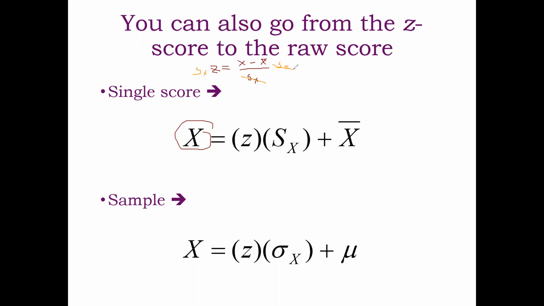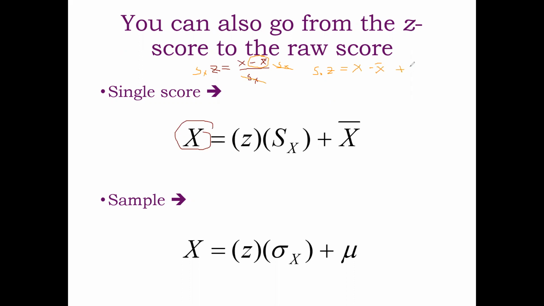These cancel out, right? Then we have to add the mean of x to both sides. So right now we have standard deviation of x times z equals x minus the mean of x.